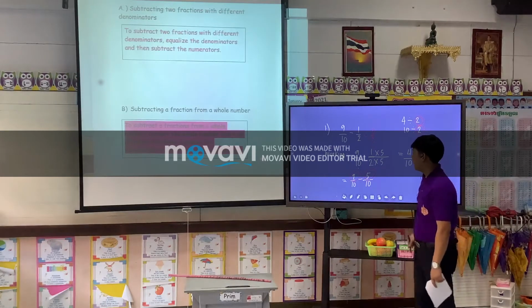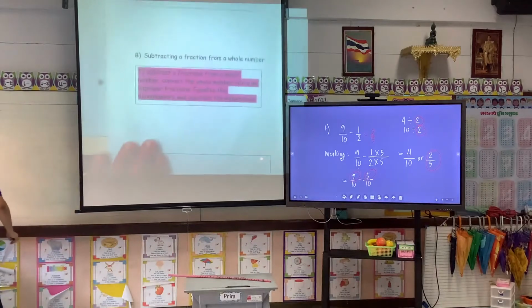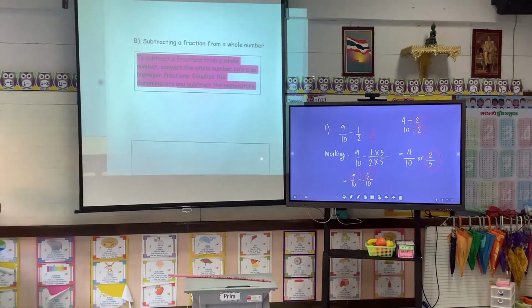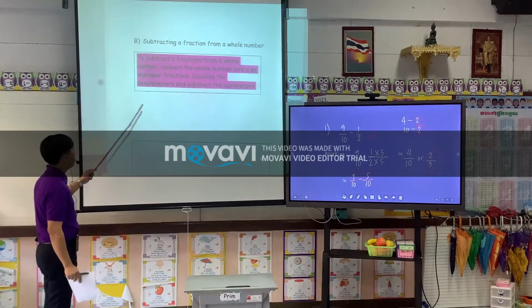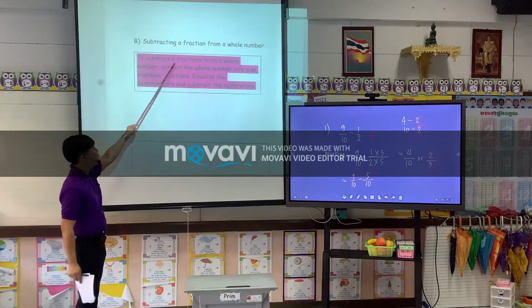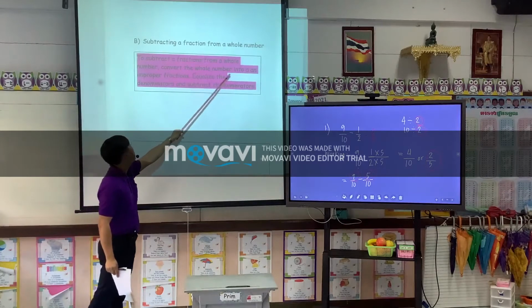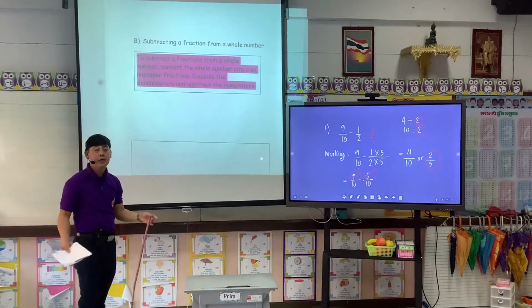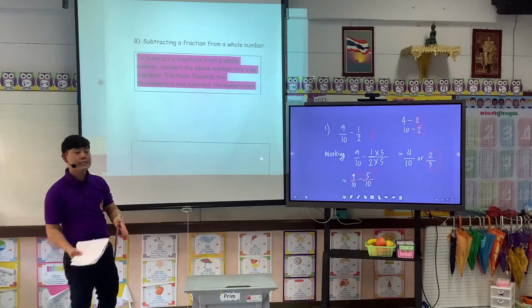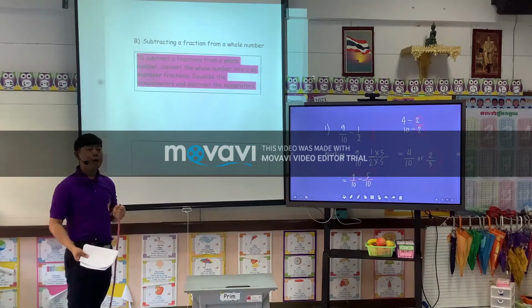Letter B, subtracting a fraction from a whole number. To subtract a fraction from a whole number, convert the whole number into an improper fraction. What is an improper fraction?